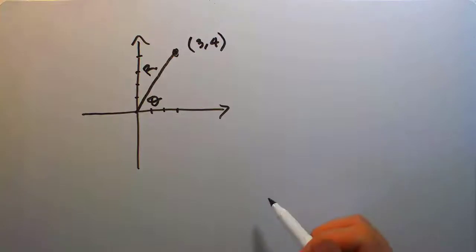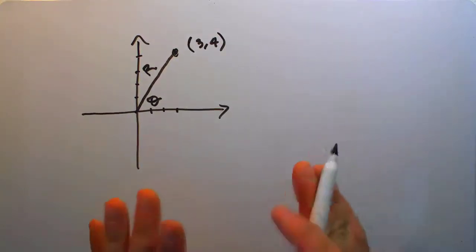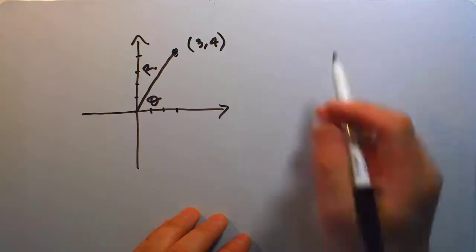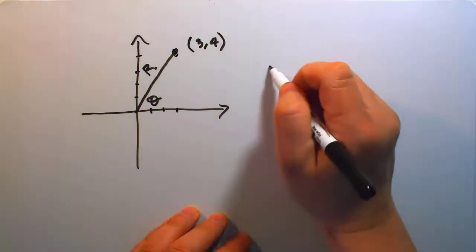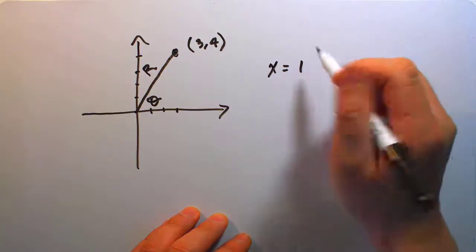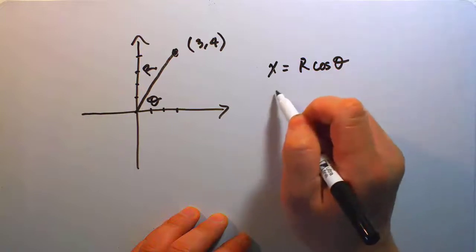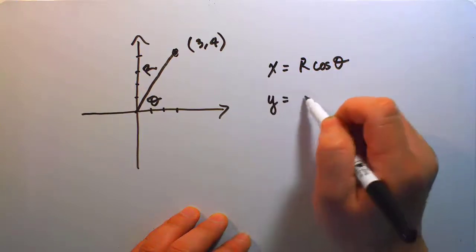And so now, learning from the previous example, recall that x is equal to r times cosine theta, and y equals r times sine theta.